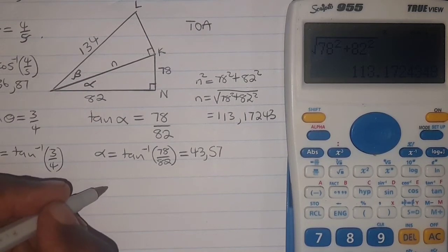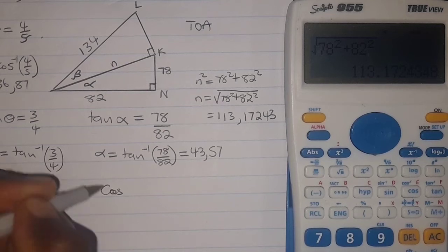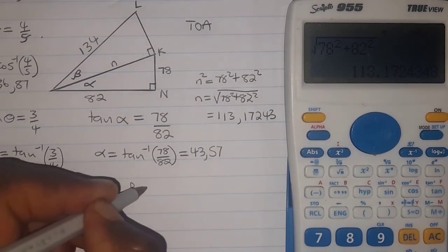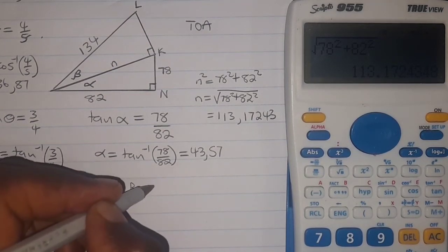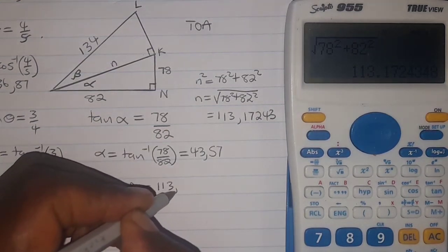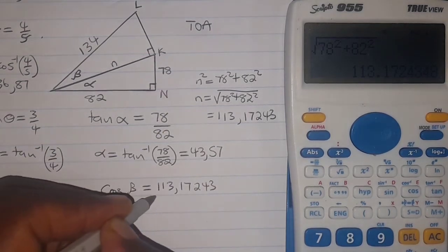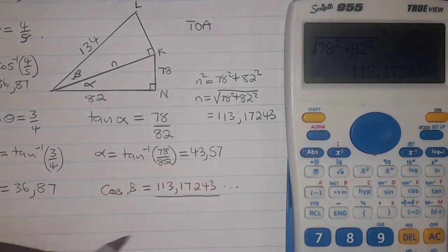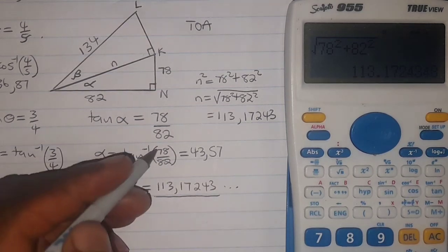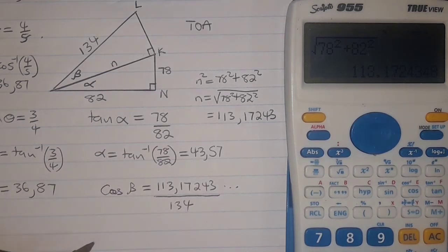So this is going to be cos beta is equal to adjacent, that is 113.17243 all over, it continues, all over hypotenuse, that's 134.